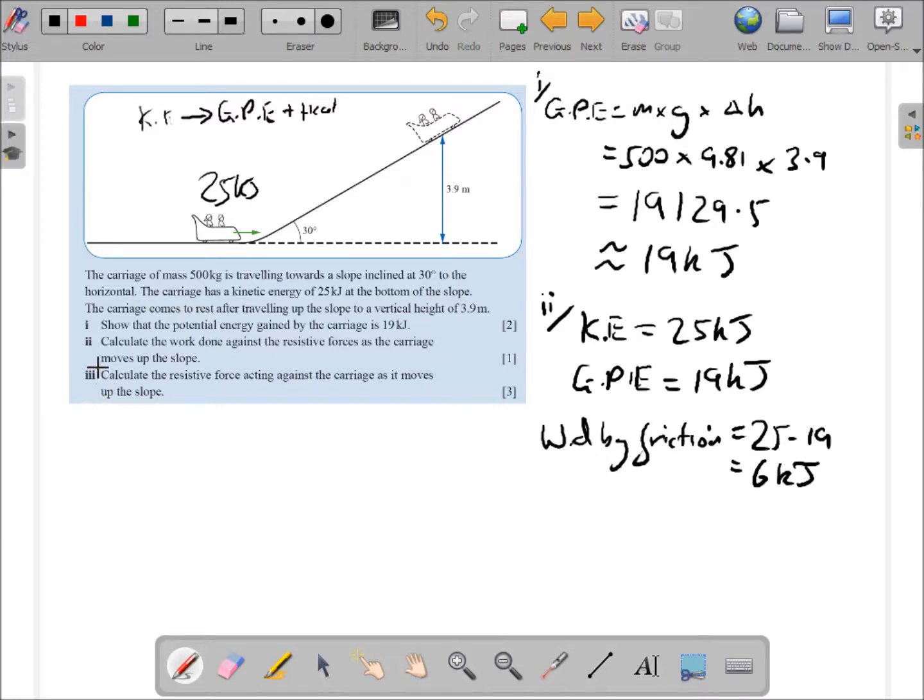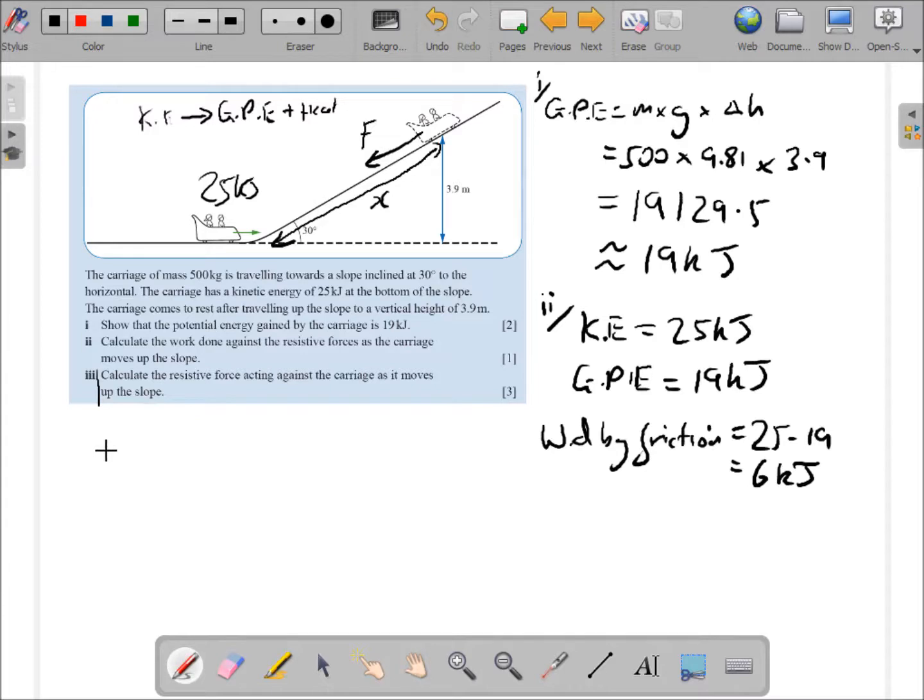Now we have to combine this in the last question, because the last question asks us to calculate the resistive force acting against the carriage as it moves up the slope. So not only do we need to know the work done by friction, but we need to know what the force actually was in the first place, or the average force. Well, let's think first of all, the force is acting down the slope, and we'll call the force F, and the distance travelled in the same plane as that force is the distance x here.